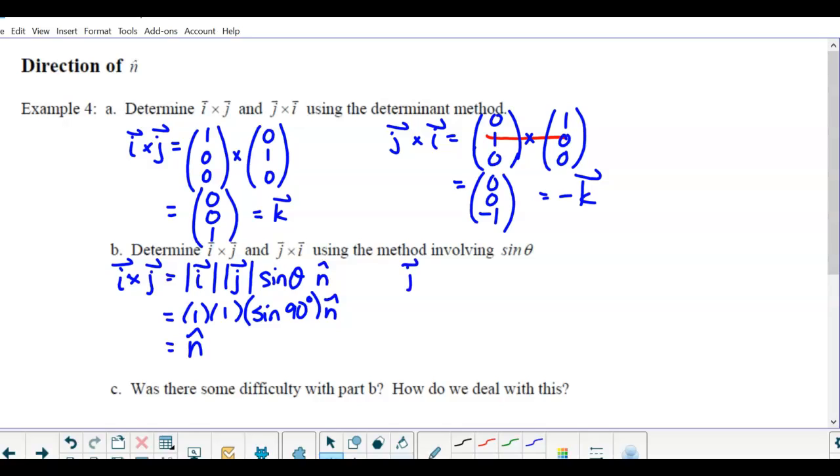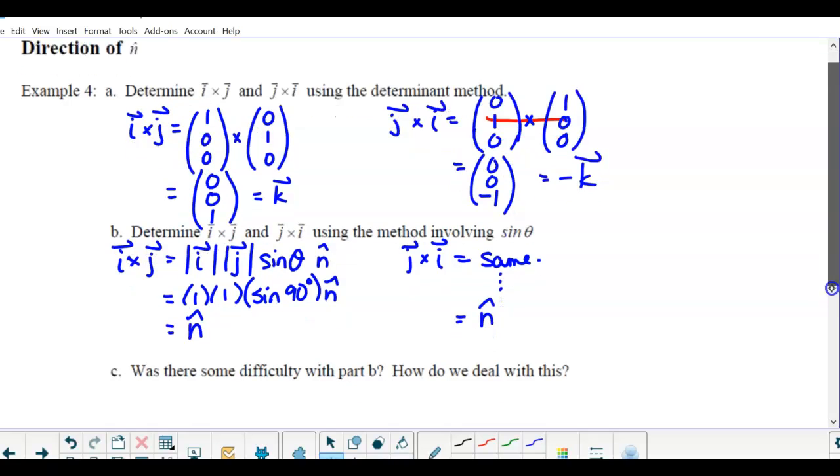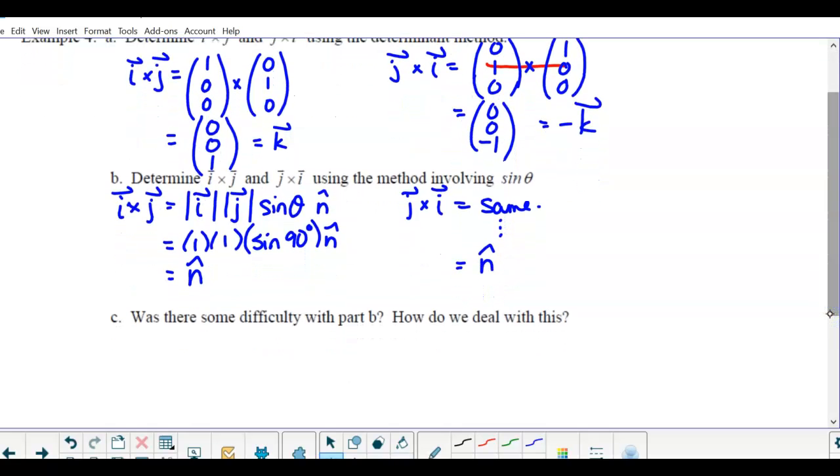And then J cross I, you do it the other way around, still meets at 90 degrees, so you'll still end up with the same. But we know that those are actually opposite to each other, so that, again, that normal unit vector is kind of the problem when you're using it that way.